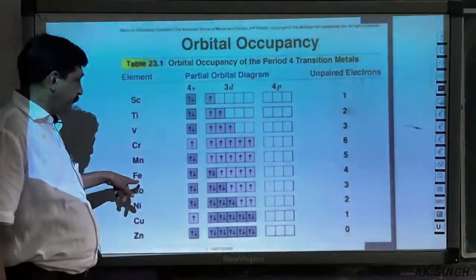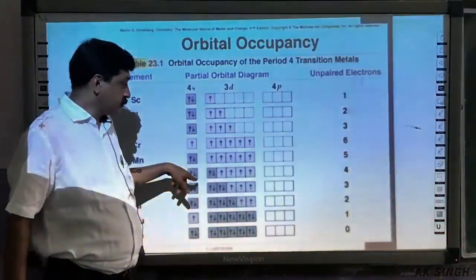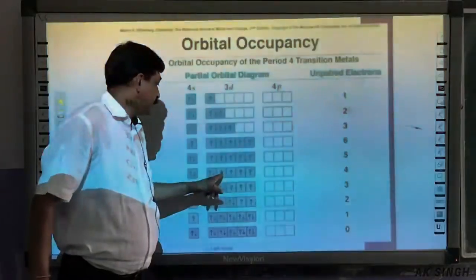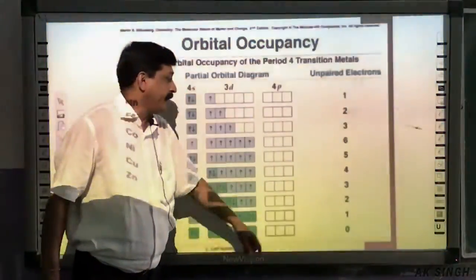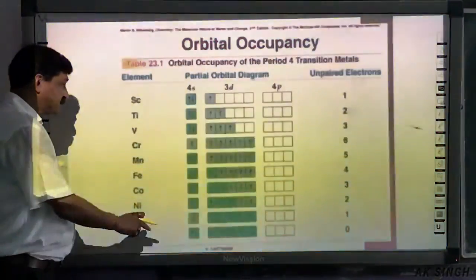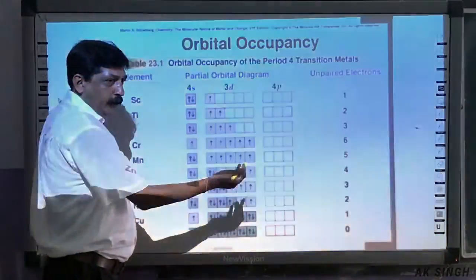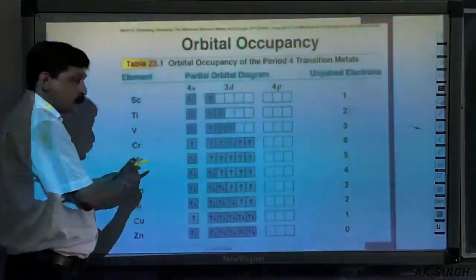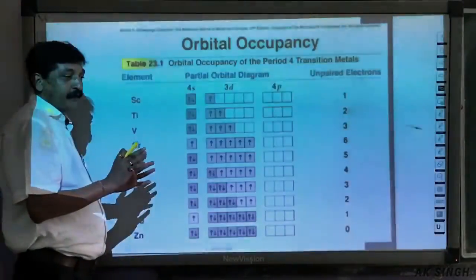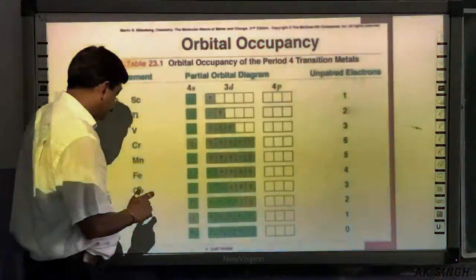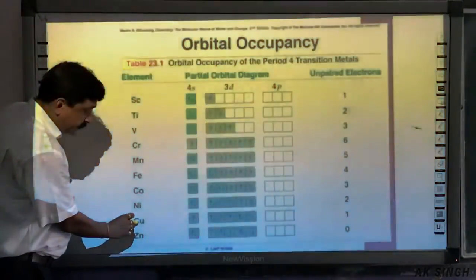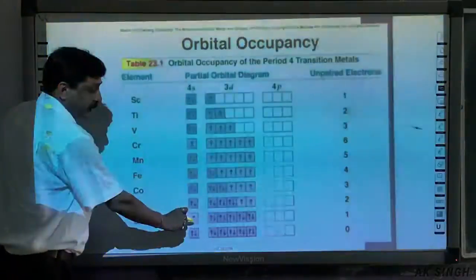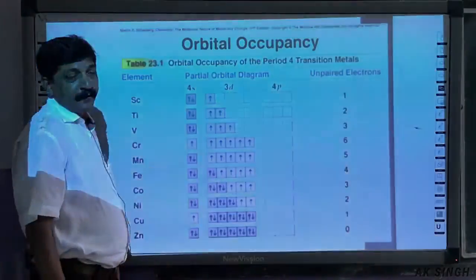There we have taken the example 4s2, 3d6, with 1, 2, 3, 4 unpaired electrons. Now during bonding, how the ligands get attached with the Fe through coordinate bond, we will explain in the bonding portion. Another example is copper, with fully filled d orbitals, 4s1 and 3d10.